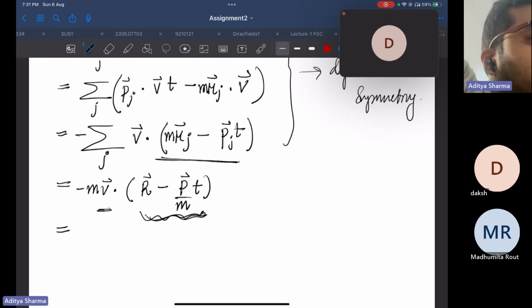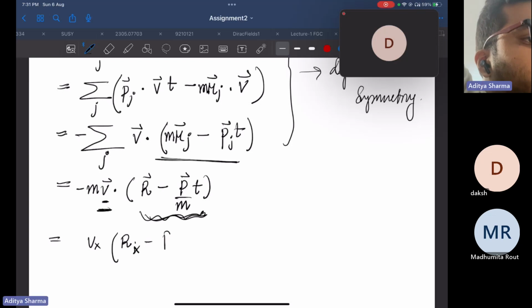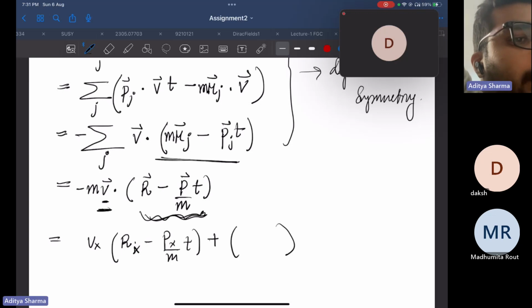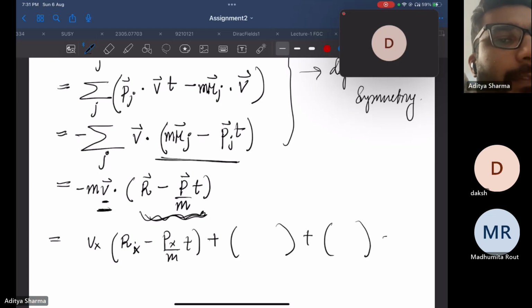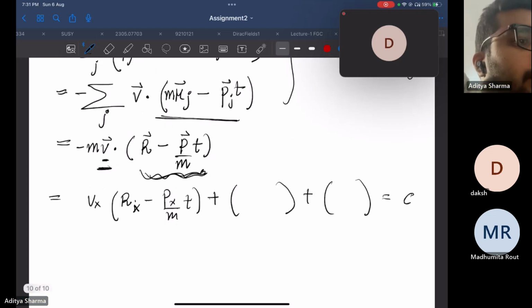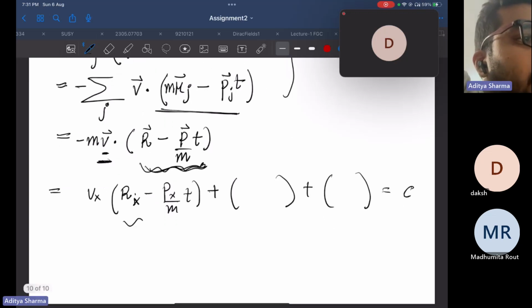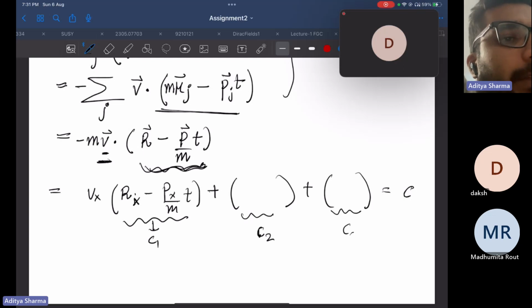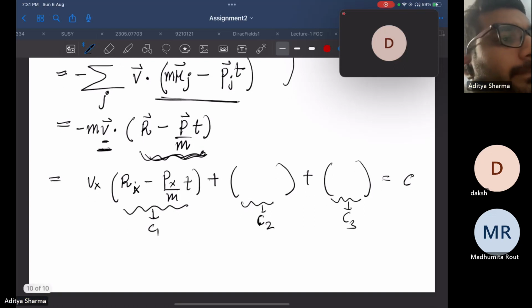And this v, you select a direction here. What is happening is Vx times (Rx minus Px t by M) plus this thing plus this thing is a constant. So these things individually should be constant. This is C1, this is C2, this is C3.